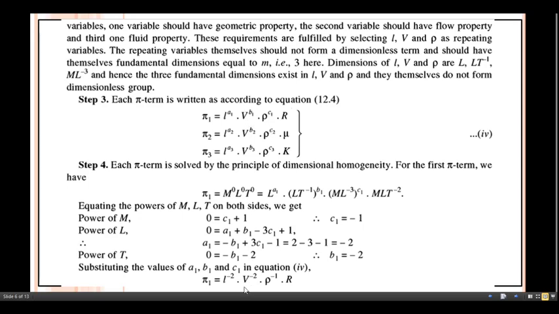B1 we already analyzed as minus 2, that's why we have to replace this B1 by minus 2. What about rho raised to C1? The C1 value we already have is minus 1. So substitute the values of A1, B1, C1 into this equation and get the pi 1 term.